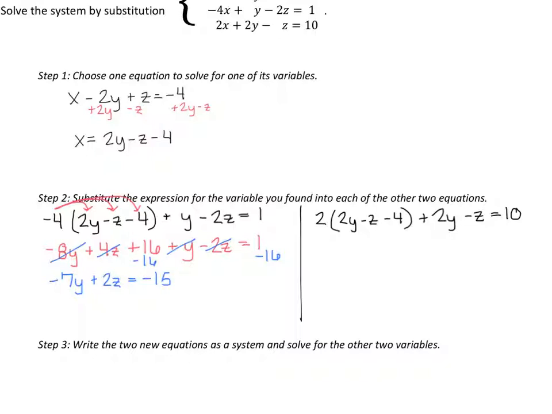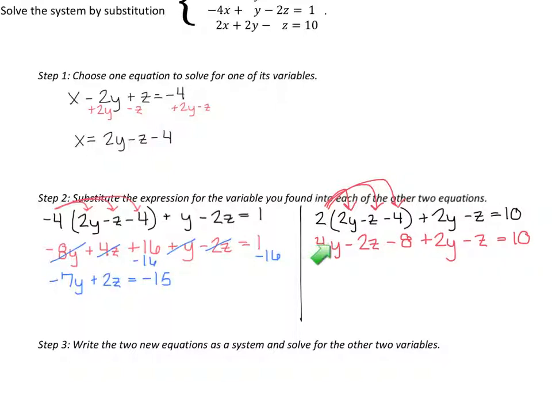So we're going to start by distributing. So we get 4y minus 2z minus 8 plus 2y minus z equals 10. So the next thing is adding like terms.